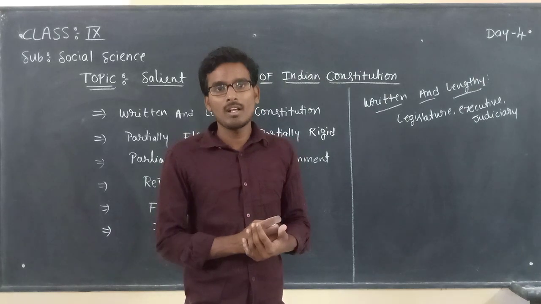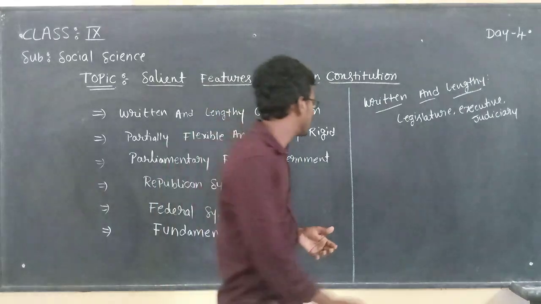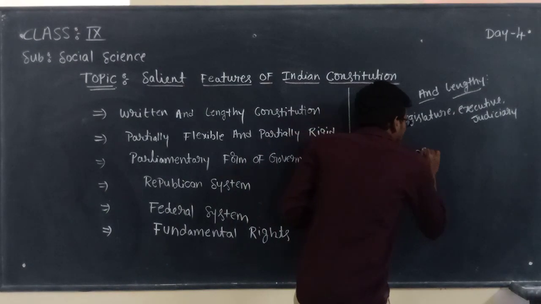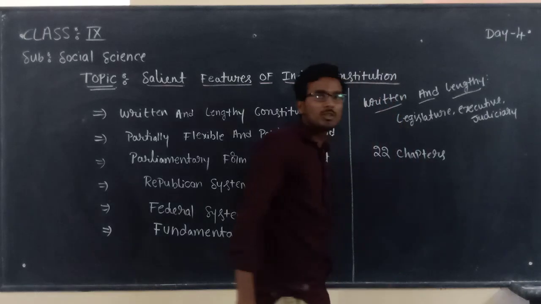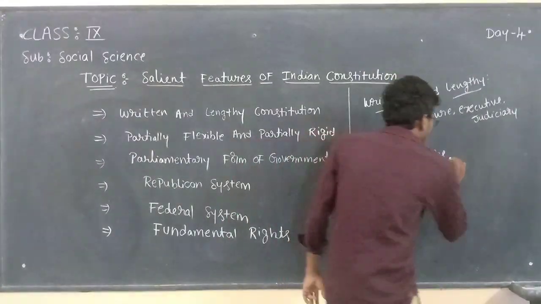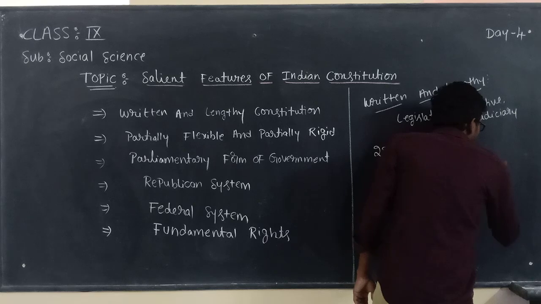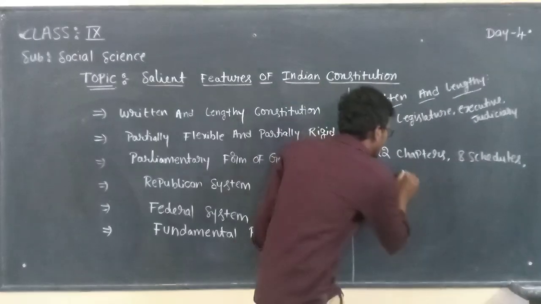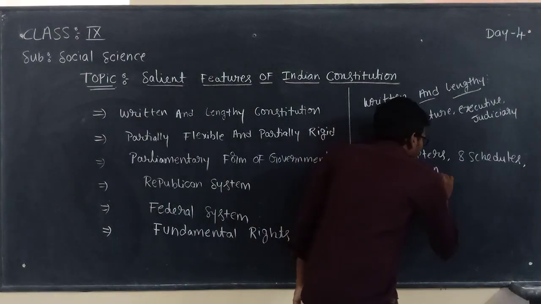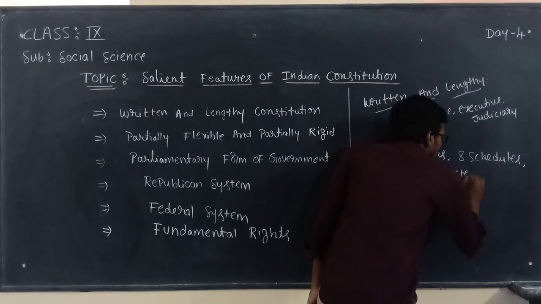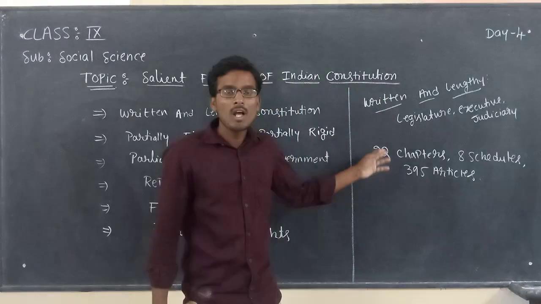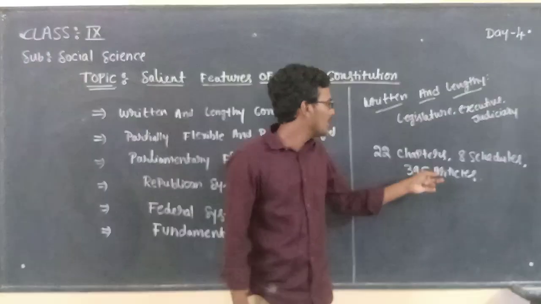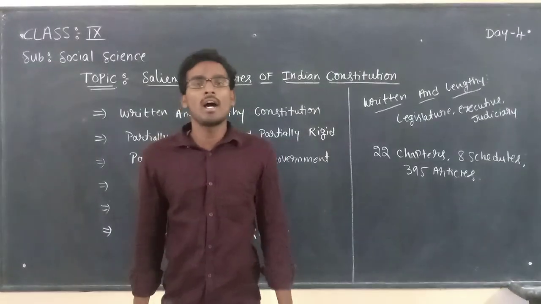Initially our constitution contained 22 chapters, 8 schedules, and 395 articles.